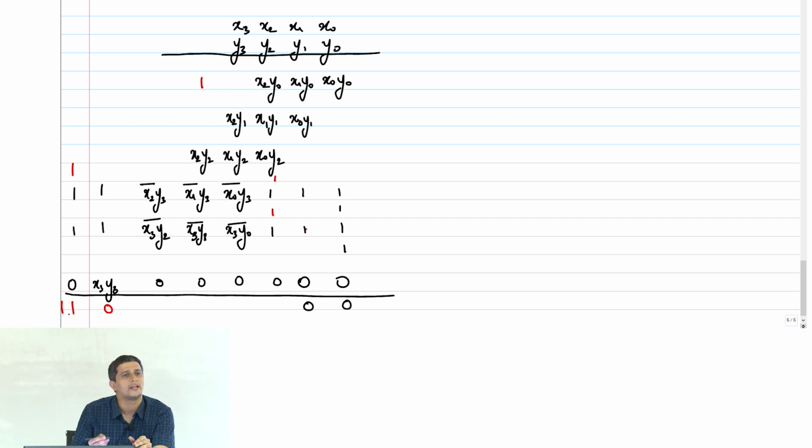Now you simply rewrite this: wherever there was x0, y3, x1, y3 or x2, y3, you simply complement it. And you have to add this 1 and this particular 1 into my adder there.